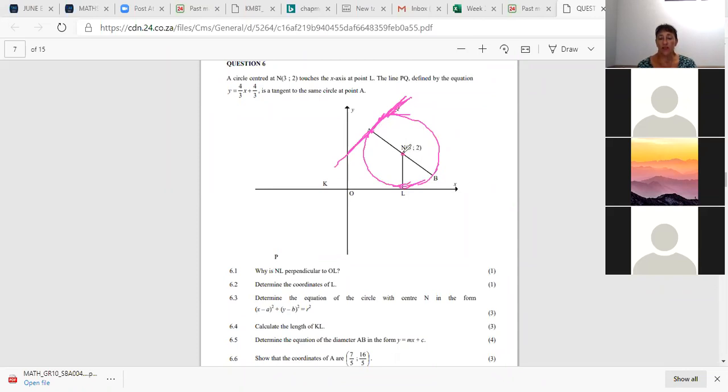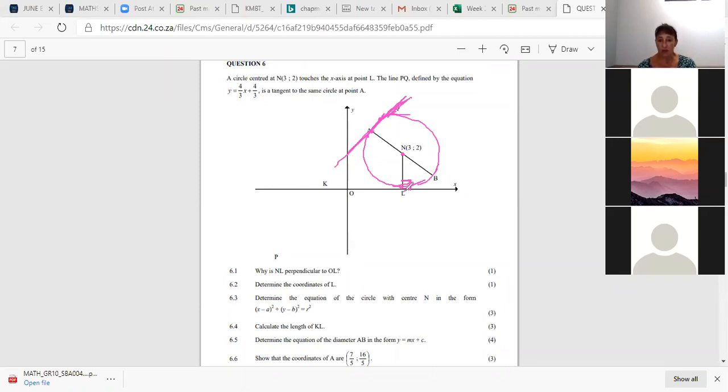A line from the center of the circle to the circumference is always perpendicular to the tangent. And they said that it touches the x-axis at L. So in other words, the x-axis is a tangent, and that's why this is 90. Okay, so using some geometry there.